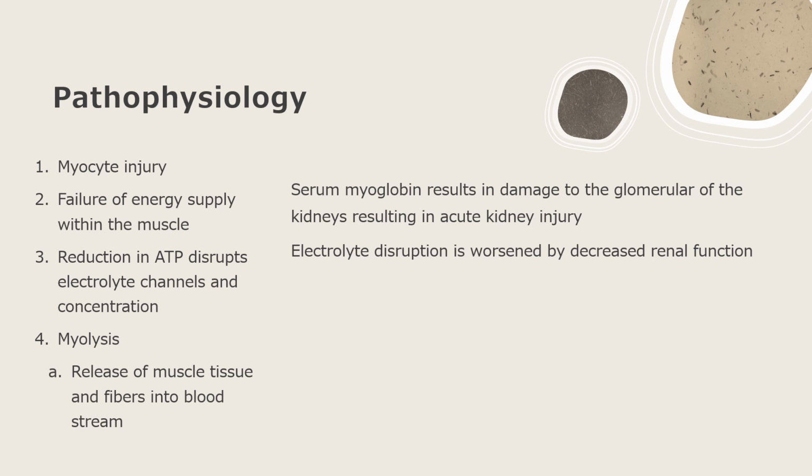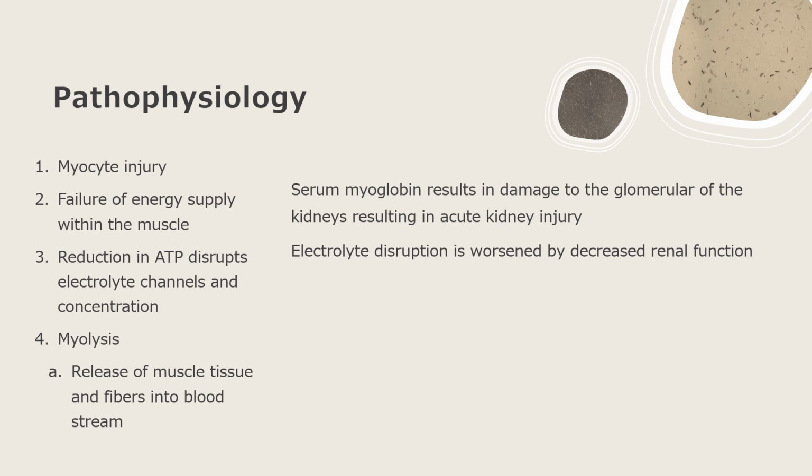This could be a result of hypoxia, DKA, an actual trauma, ischemia, or even immobility. A reduction in ATP is going to disrupt our electrolyte channels and concentration, which is also going to disrupt the fluid concentration within our muscle cells and cause myolysis.